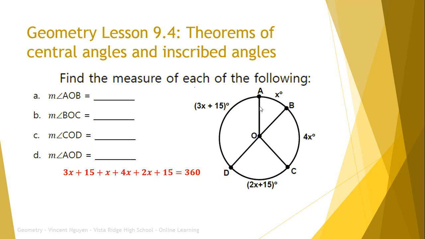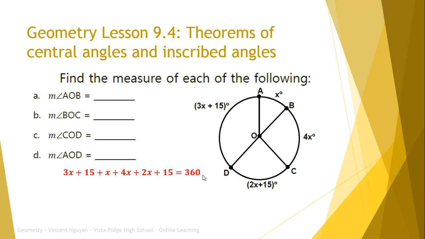We have 3x plus 15, which is arc DA, and x, which is arc AB. We have 4x, which is arc BC, and 2x plus 15, which is arc CD. I'm adding them all together and setting it equal to 360 because the sum of all of these arcs would be 360.